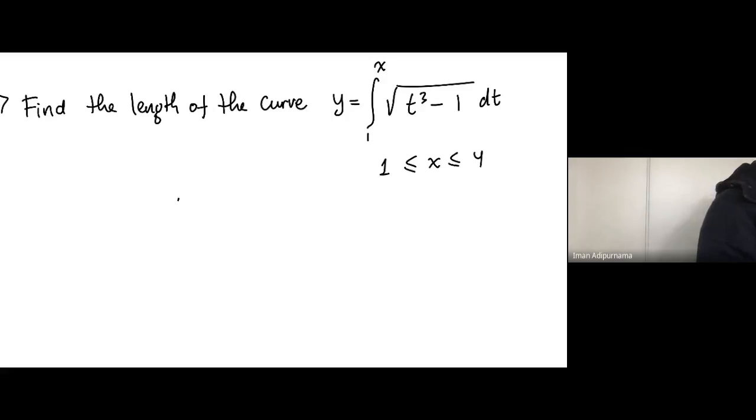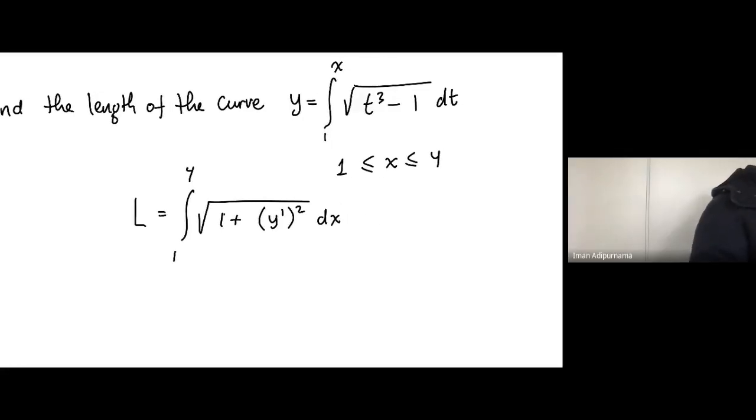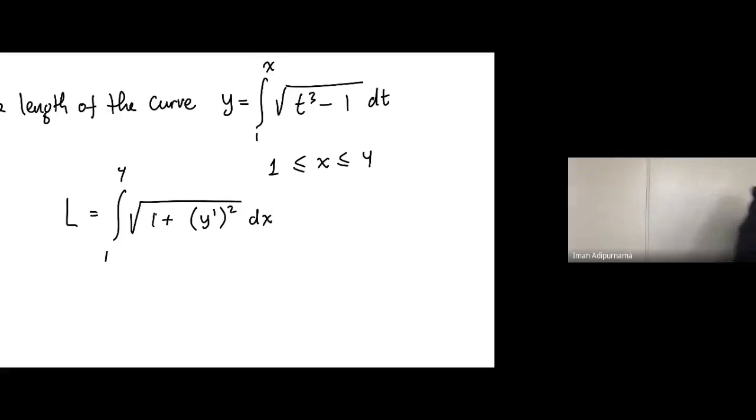Okay, I can write the length from 1 to 4, square root of 1 plus, let's say I'm just writing y prime squared, and then dx. And because our y is defined as an integration, we can use the fundamental theorem of calculus, right? And then we can just change the x cube and change it here.